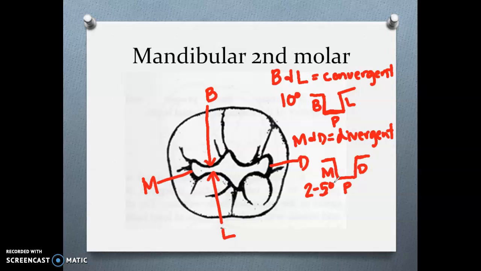Now, how deep should your pulpal floor be? From the cavosurface margin, it should be 1.5 to 2 millimeters.